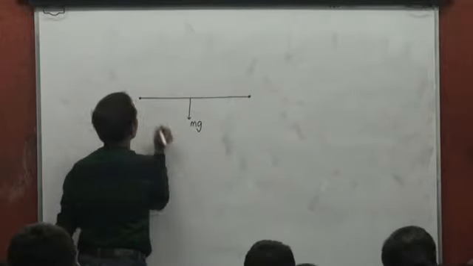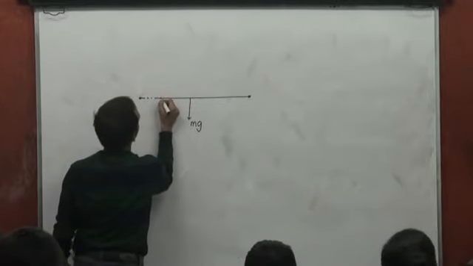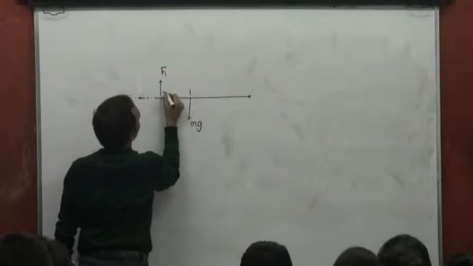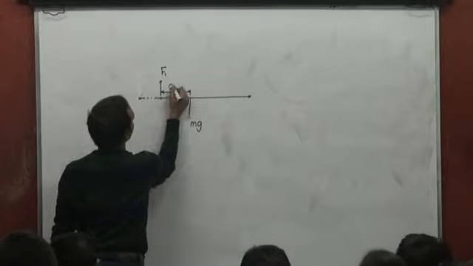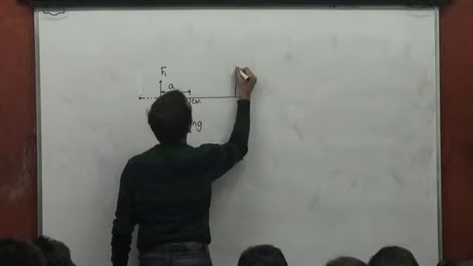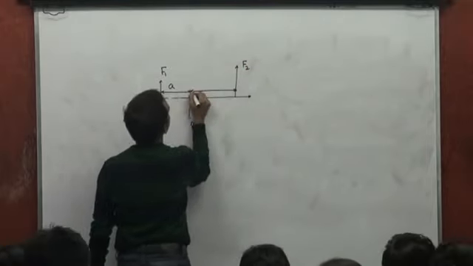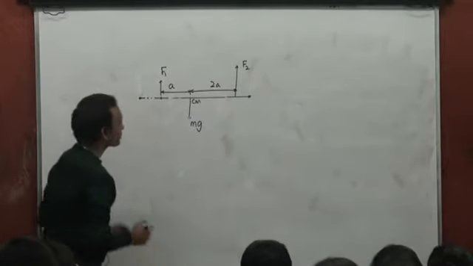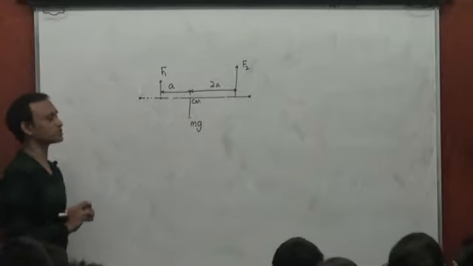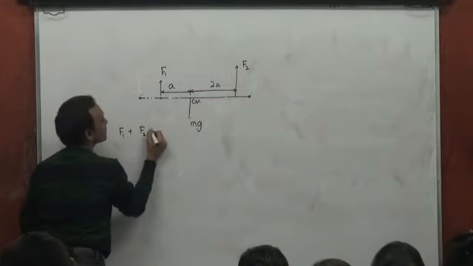So its weight acts through the midpoint, and say there is a force F1 acting at a distance a from the center of mass, F2 acting at a distance 2a from the center of mass, and the rod is in equilibrium, translational as well as rotational. So translational equilibrium would mean F1 plus F2 is mg.